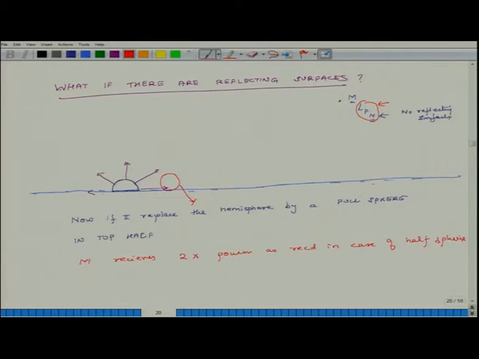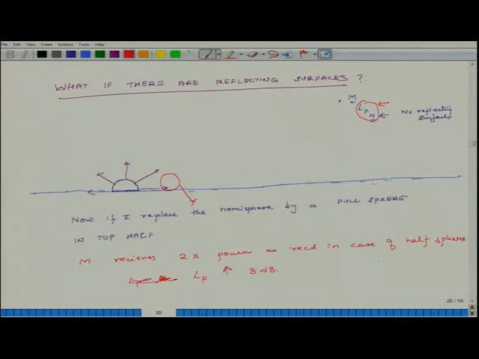right? So in this case, if it gets 2 times as much power, what will happen to this sound pressure level? It is 10 log of power divided by reference power. So LP goes up by 3 decibels, because 10 log of 2, log of 2 is 0.3, so 10 times 0.3 is 3.